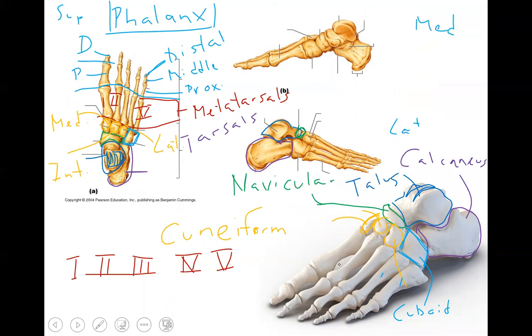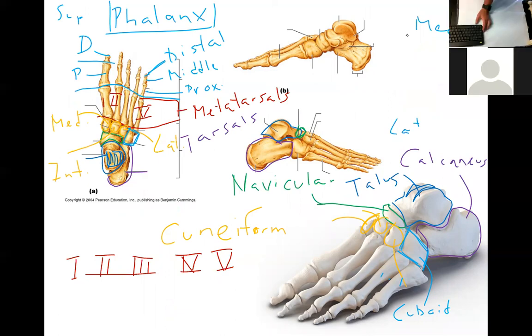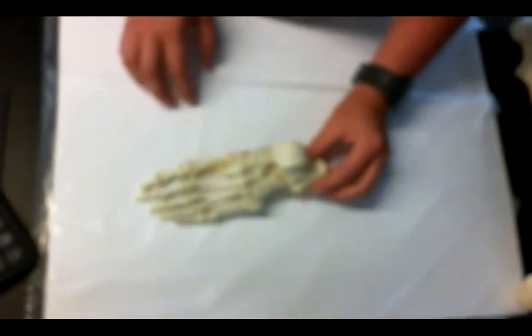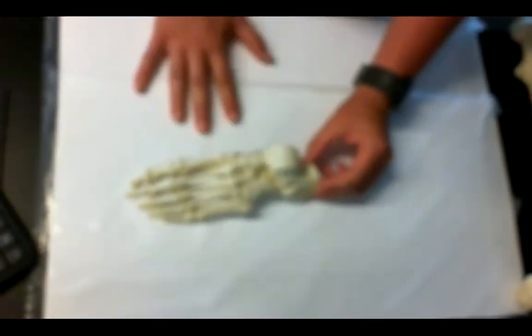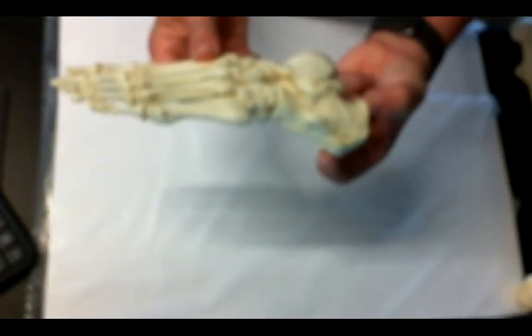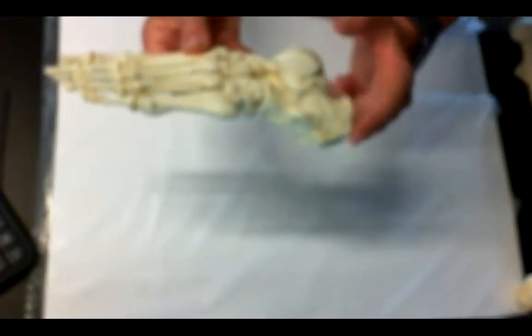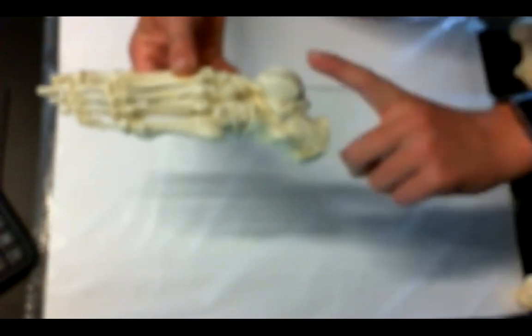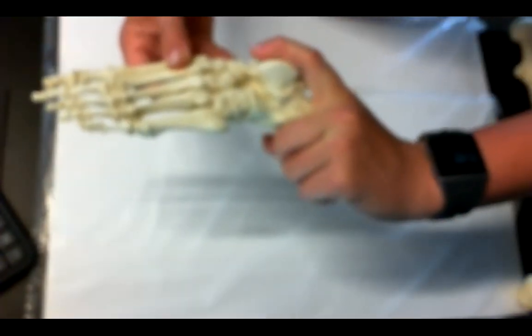One more time, let me show you the foot model. Here is a left foot. Note the calcaneus is really big. The talus sits right on top of the calcaneus, and it is kind of curved.